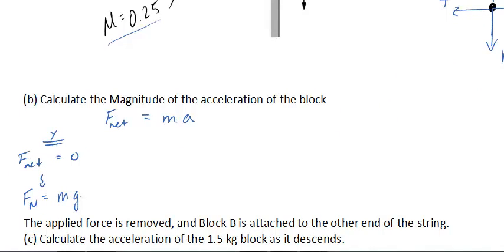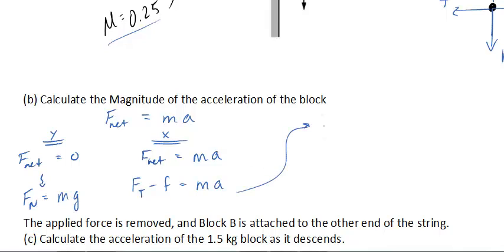Now, why is that going to be helpful? Well, because we're going to be dealing with friction in the x direction, and remember, friction is mu times the normal force. The x direction: F net equals m times a. The net force, of course, if I say to the right is positive, is tension minus friction equals m times a.